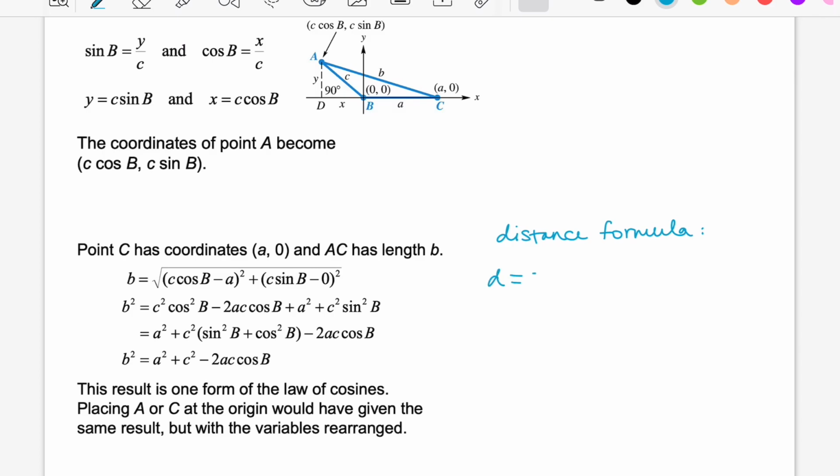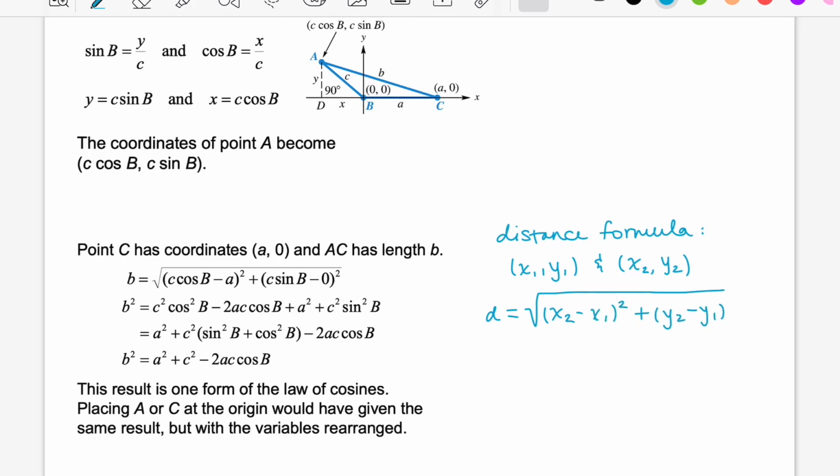If we have two points, (x1, y1) and (x2, y2), then the distance between these two points is the square root of (x2 minus x1) squared plus (y2 minus y1) squared. That's the formula we'd use to find the distance between these two points.